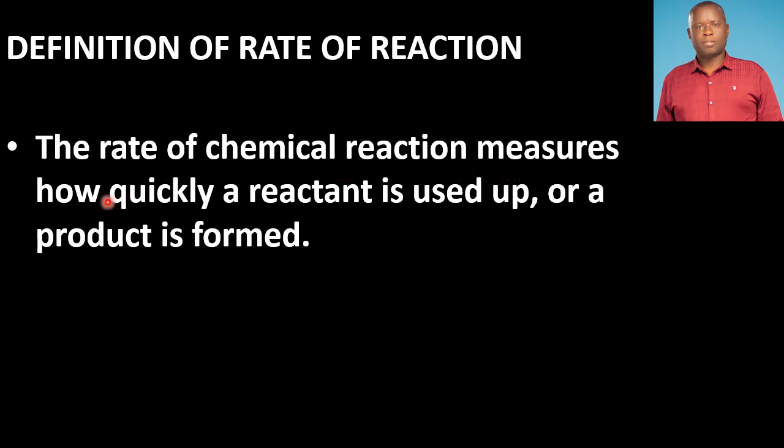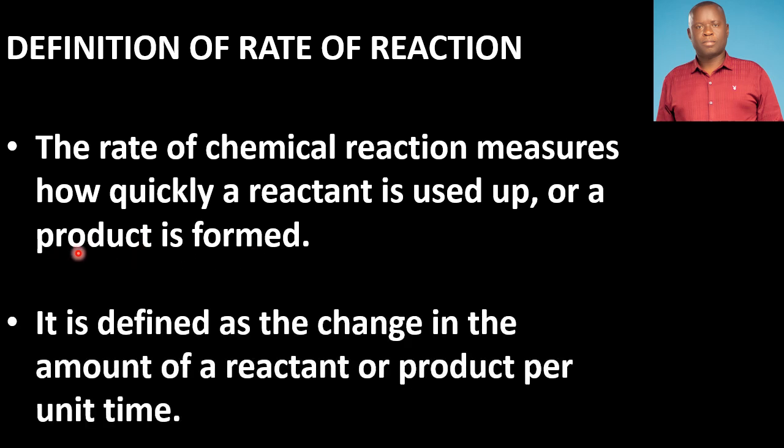It measures how quickly a reactant is used up or how a product is formed. A very useful definition here. So in short, rate of reaction is simply the change in the amount of reactant or product per unit time.